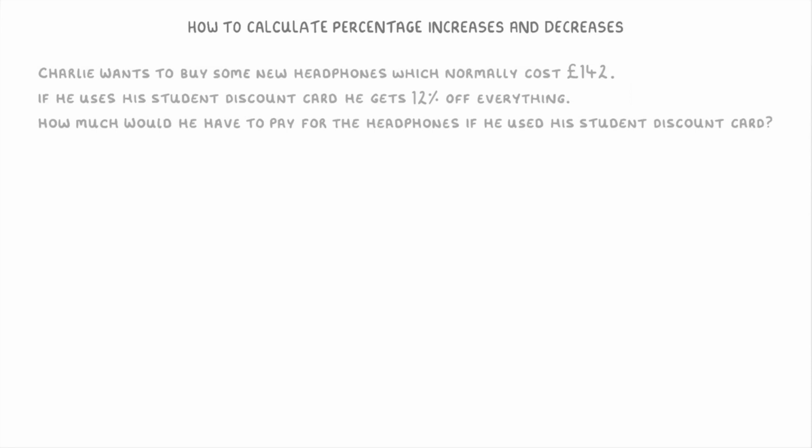So in this question, there are really just three important bits that we need to notice. The fact that the normal cost is £142, the fact that it's a discount, so we're reducing the price, and that the size of the discount is 12%. So if we take these 3 points together, we're really being asked to decrease £142 by 12%.